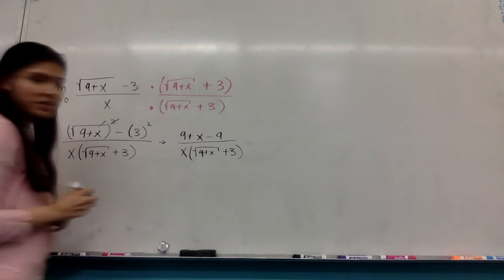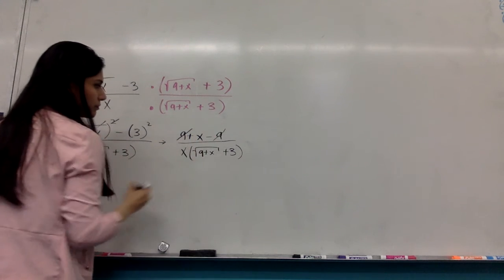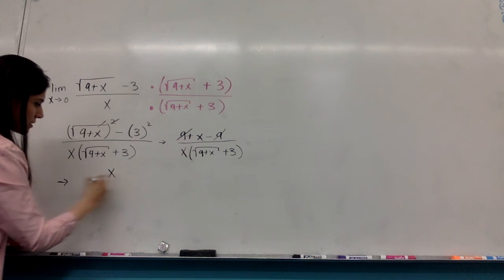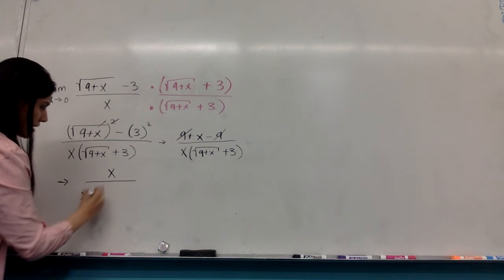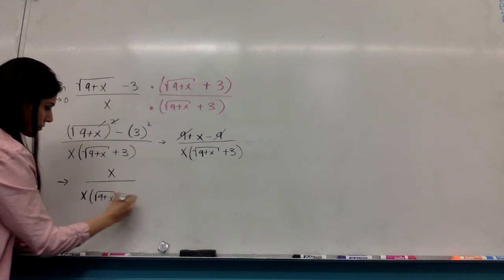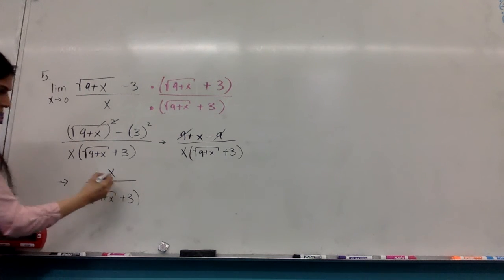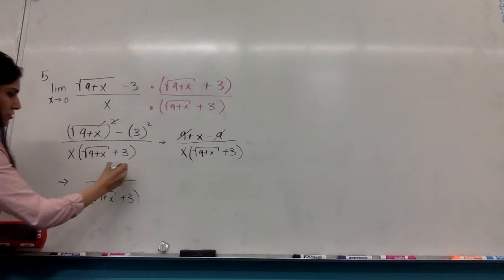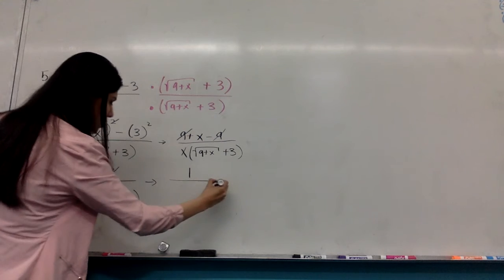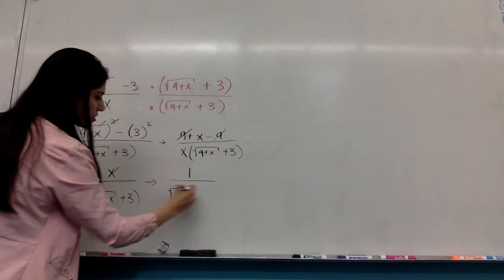Nine minus 9 becomes 0. We're left with x all over x and that conjugate. The x from here and the x from here will cancel. When I cancel, I'm left with 1 on top and that conjugate portion in the bottom.